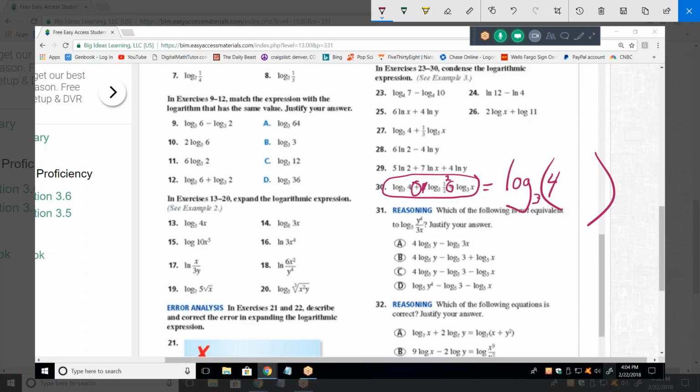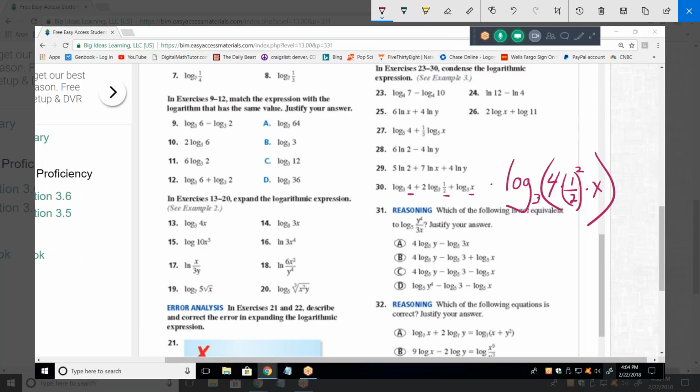For everything has got to be multiplied. In other words, what we're doing is we're taking the 3 arguments that were being added and we're now multiplying them. That's how you condense it. So it's 4 times 1/2 squared times x.